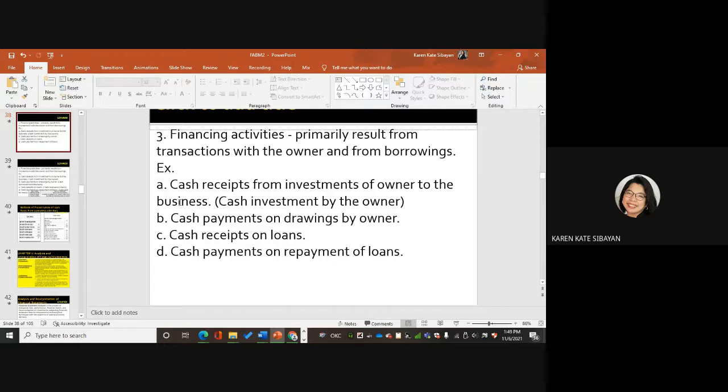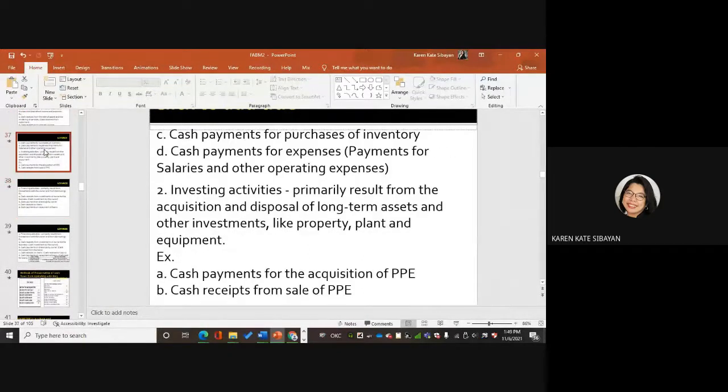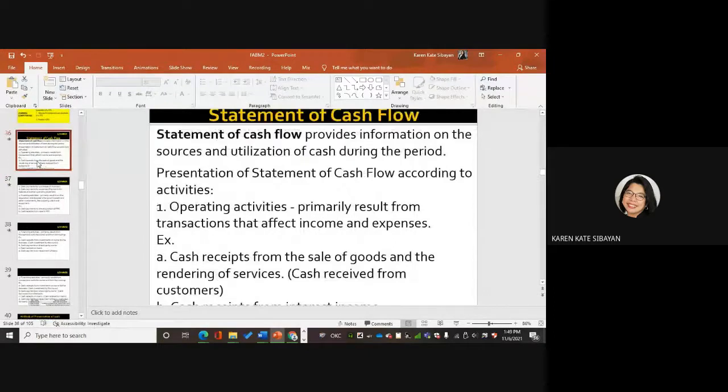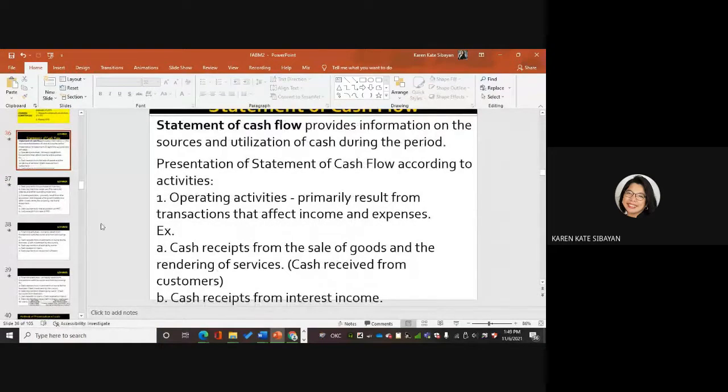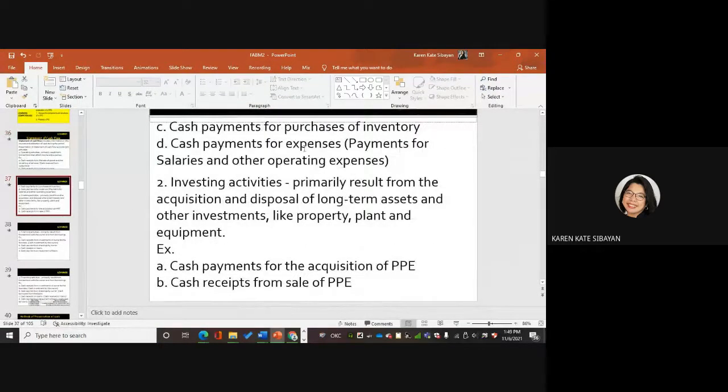Okay? Ito naman yung mga possible outflows or cash outflows. Payments to employees for salaries and wages. Payments to suppliers of goods and services, lalo na kung lahat ng payments, ayan, payments to suppliers kasi nag-purchase ka nga ng inventory.